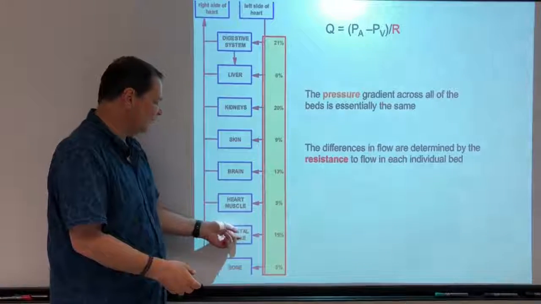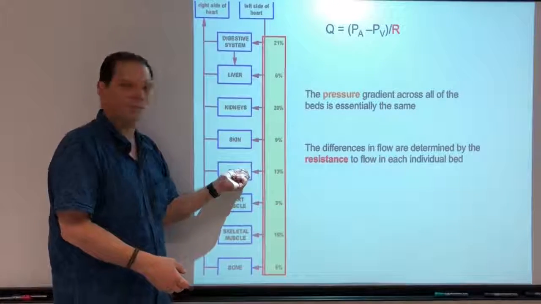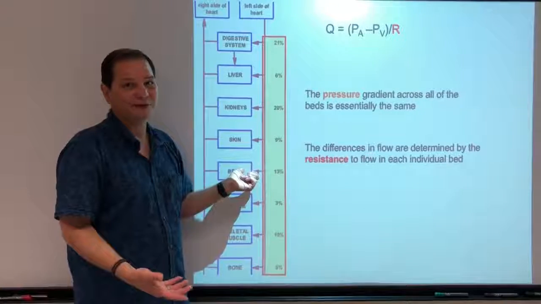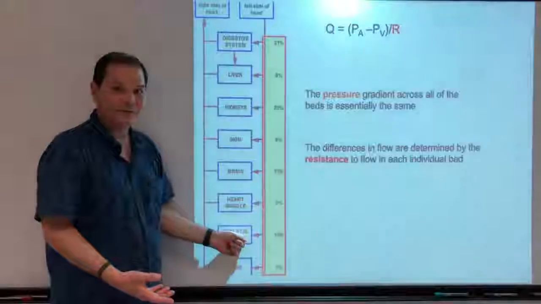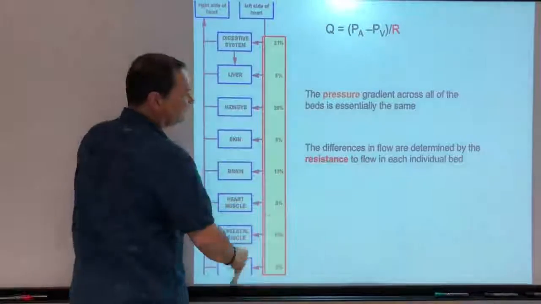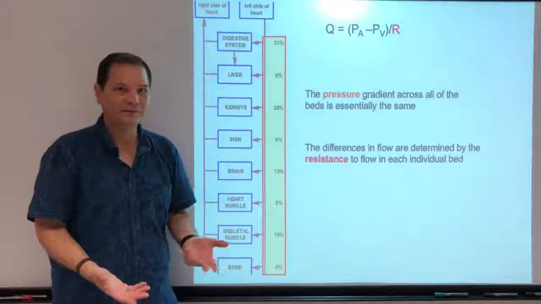And I'll get more blood flow just here. I won't necessarily get more blood flow to my brain, which doesn't really need more oxygen if I'm exercising. My skeletal muscle does, okay? So the way that you regulate flow to each individual bed is through the local metabolic factors, okay?